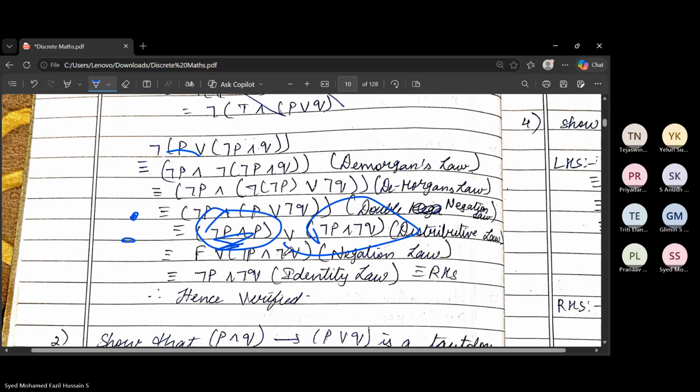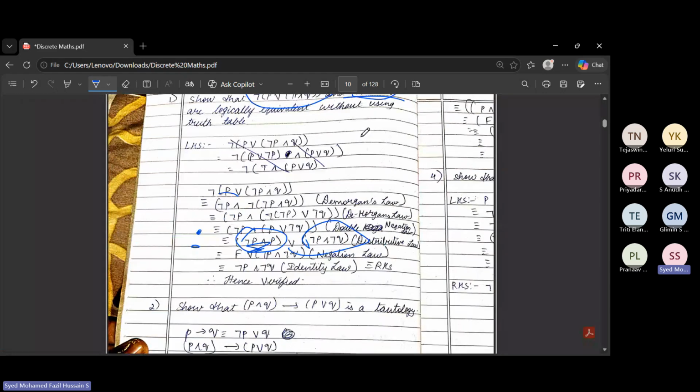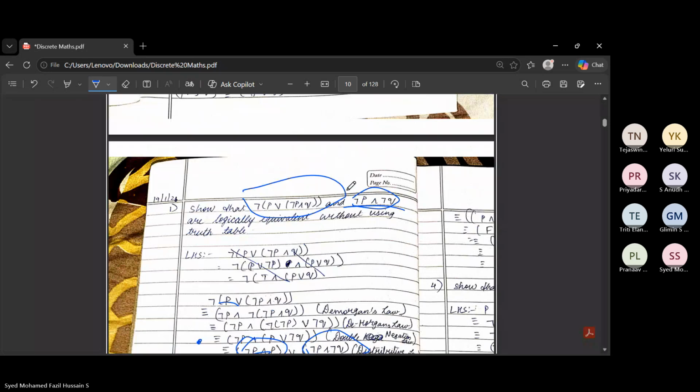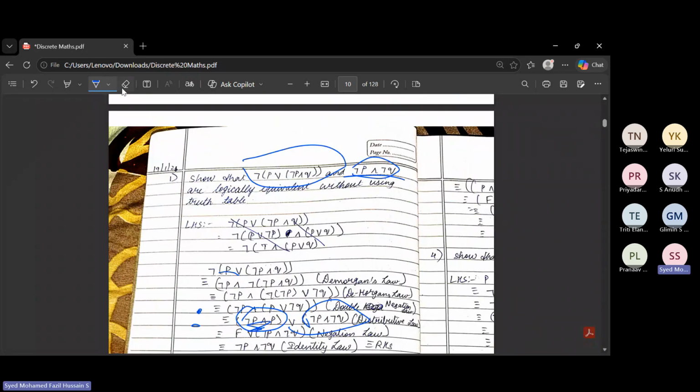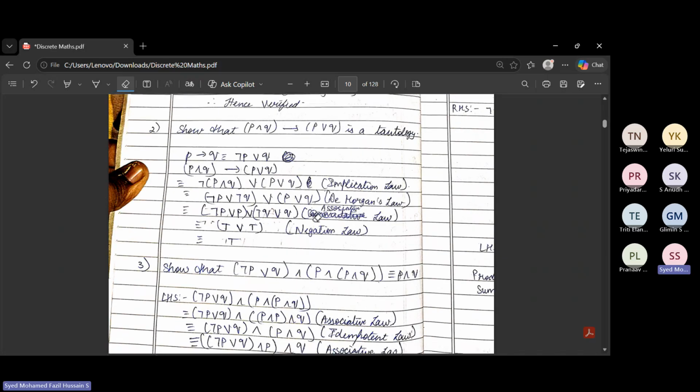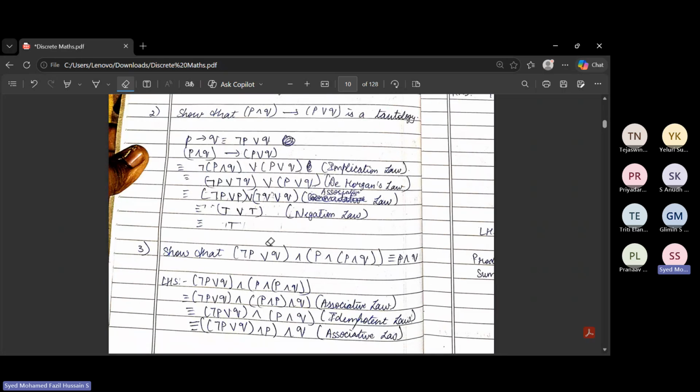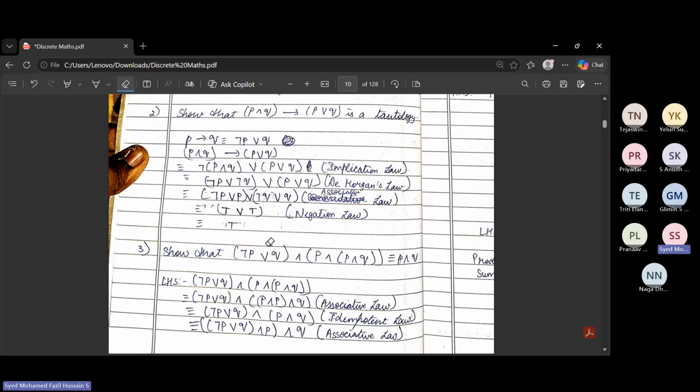So like this we can show it. This is one such example, but right now I'm just taking this example. Like this we have to prove others. This is basically just proving from one statement to another.